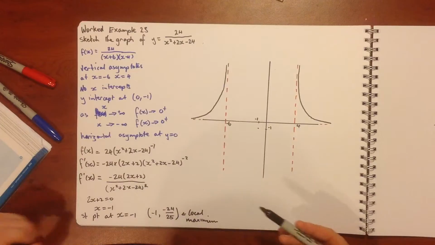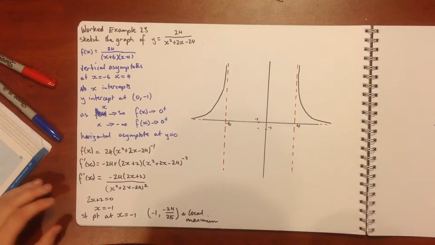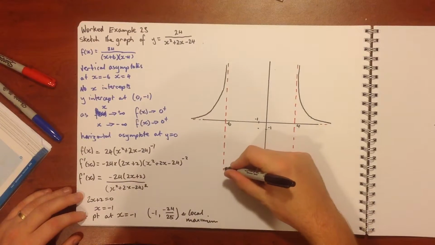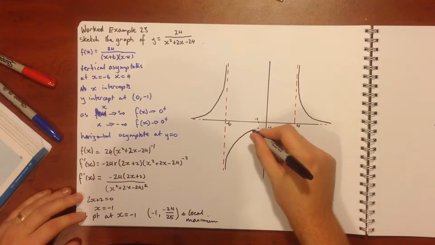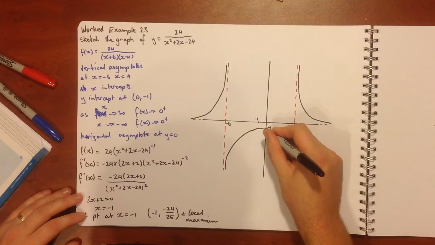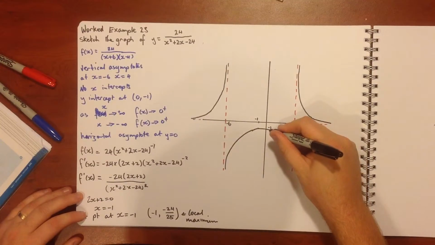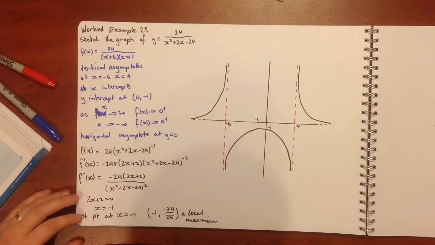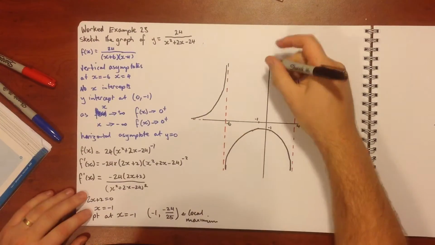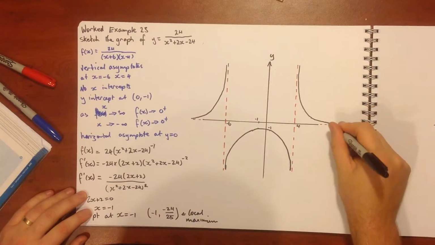Sometimes it can be hard to get our head around the shape, so just pick some other points that you want to know so you can plot them. We're going to come up, have our maximum there, start coming back down this way. That's what our graph looks like. And of course, don't forget to label your axes.